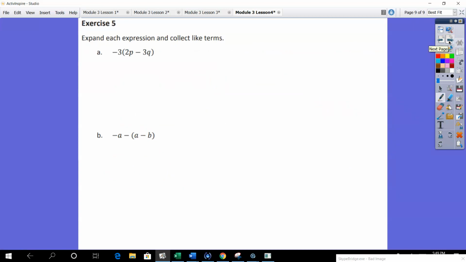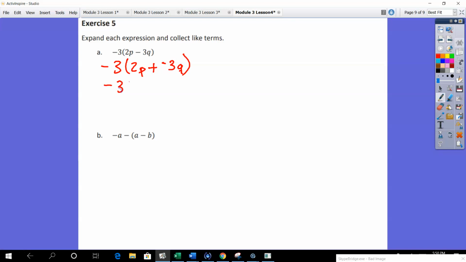So expand each expression and collect the like terms. So go ahead, pause the video, and try A on your own. Okay, so you should have seen that there was subtraction first, so negative 3 times 2p plus a negative 3q was the first thing that we should have done. Then after that, we have the negative 3 on the outside, so we're doing the distributive property.